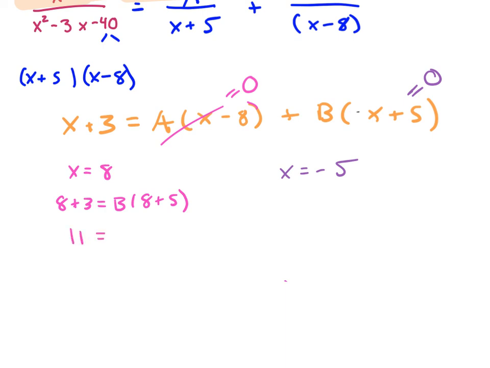What's 8 plus 5? 13. So glad you guys are awake today. And how do I solve for b? Divide by 13. So 11 over 13 is equal to b.